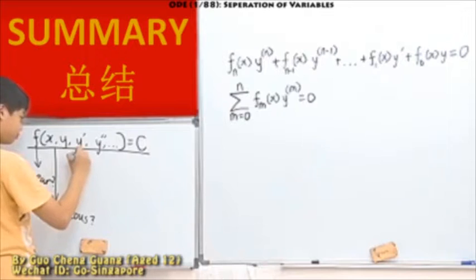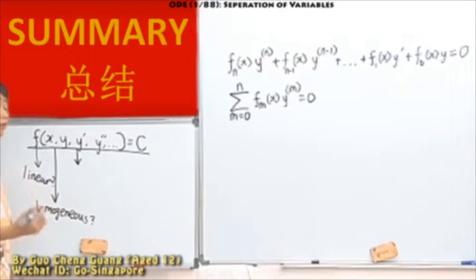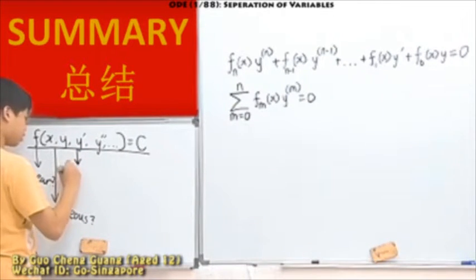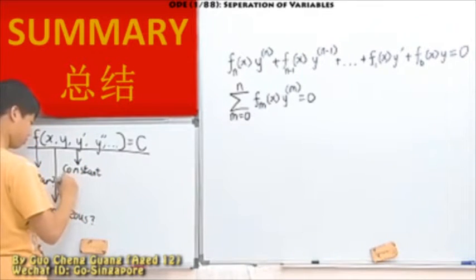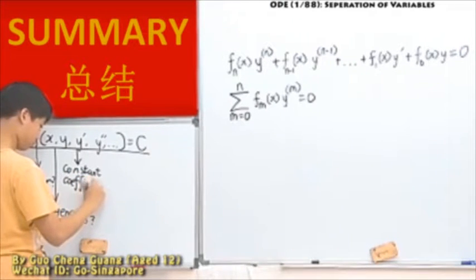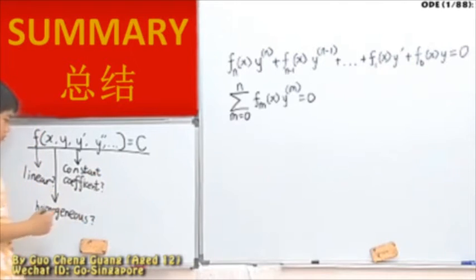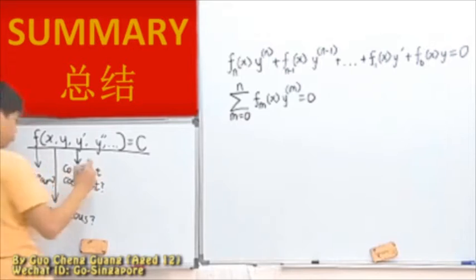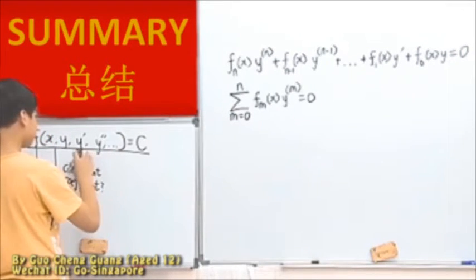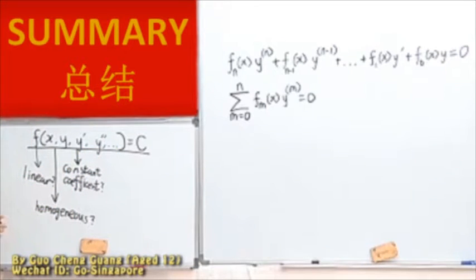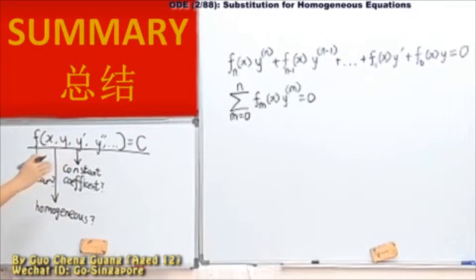So this is one example of a homogeneous ordinary differential equation. Next part. How about its coefficients? What if it is a constant coefficient? It might be constant coefficients. But must this be an ordinary differential equation?